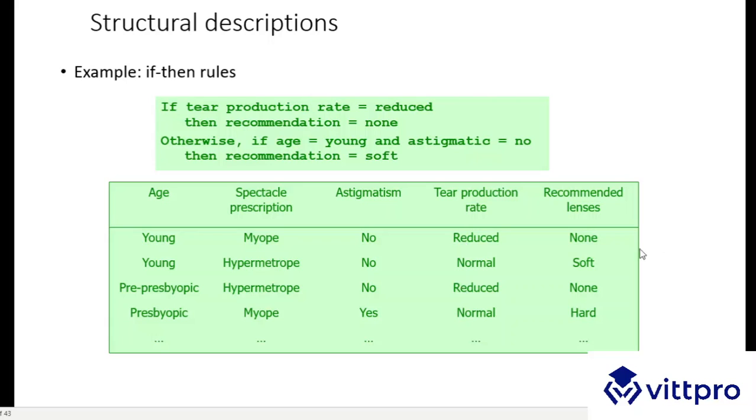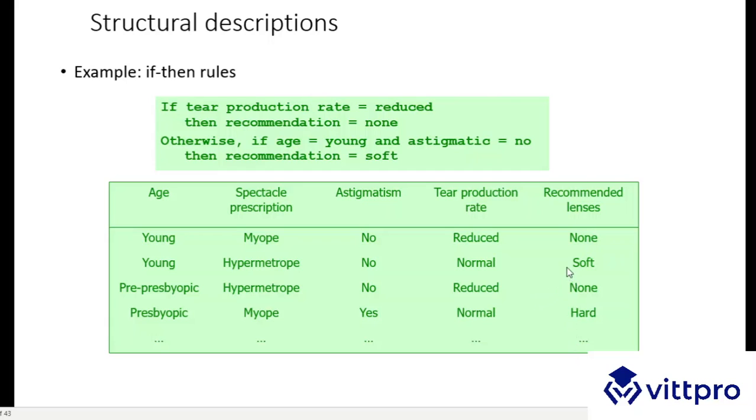Then what else is there? When else are you saying none? Meaning the young age, right? Whether you are astigmatic or not. So if not astigmatic and young, you are not getting the recommendation anyway as well. But if young and astigmatic, then you are not getting the lens as well.